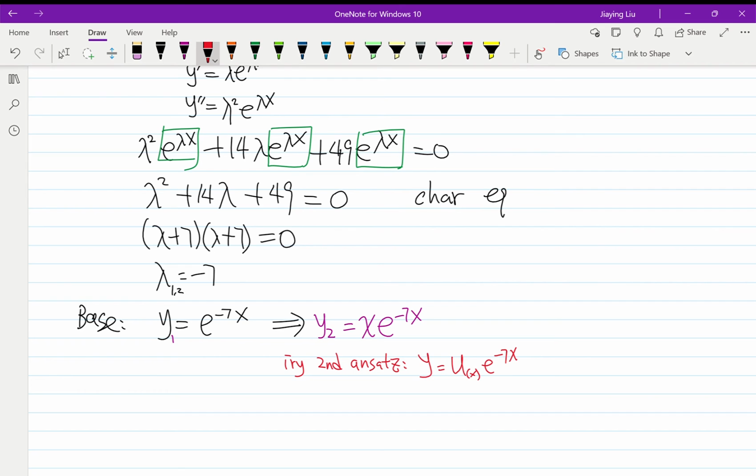This case, when we only got one lambda value, is what we call repeated roots. There will be another case when we have imaginary roots, where again the solution will be a little bit different.